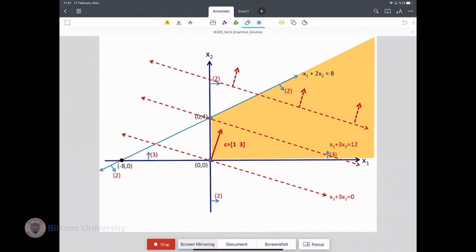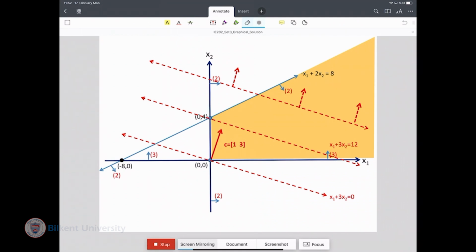Remember my true-false questions from last year? So how about we answer that right now? If I have a bounded region, can I have an unbounded optimum solution? True or false? For a bounded region, can you give me an objective function so that my problem becomes unbounded?